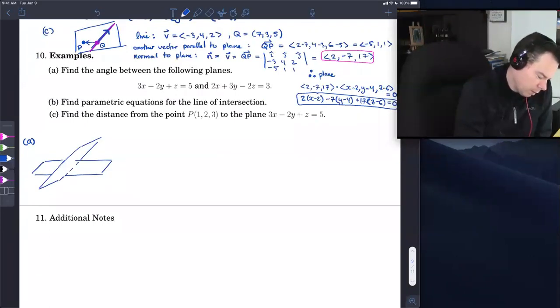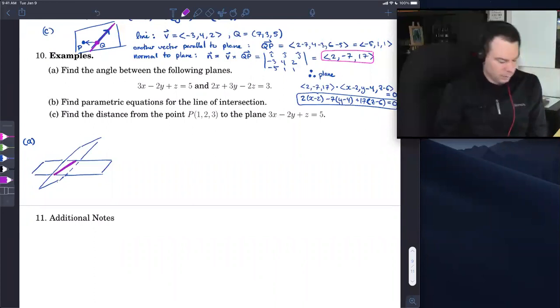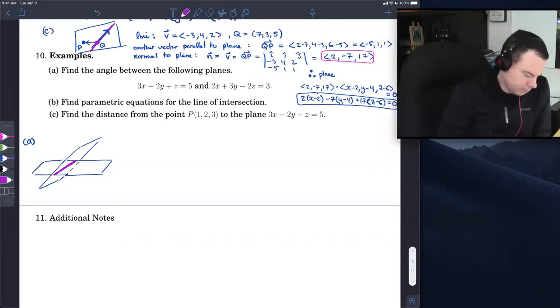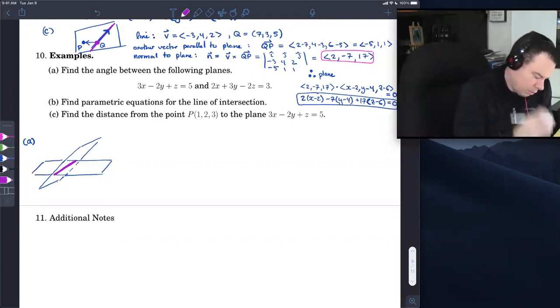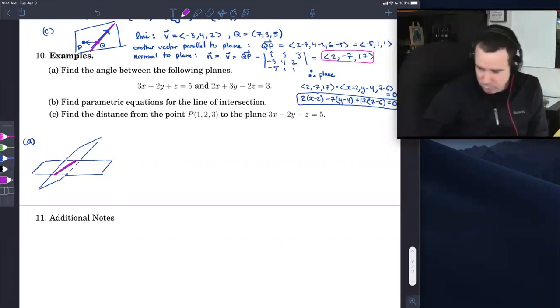They are going to intersect along some line of intersection. And we're interested in the angle made by the two planes.